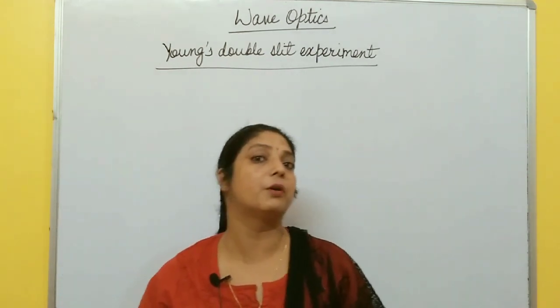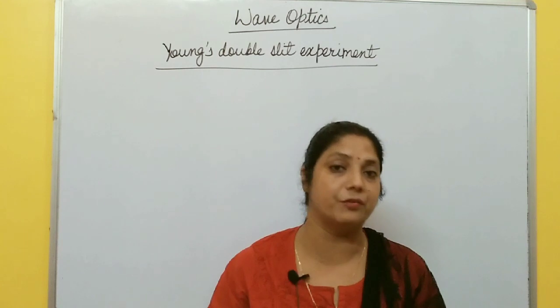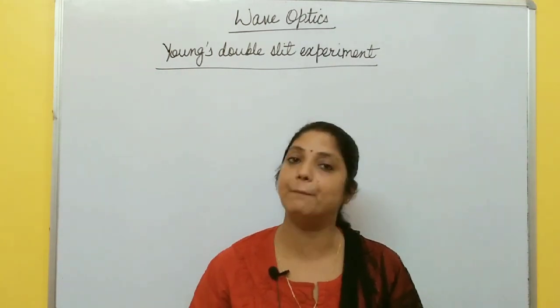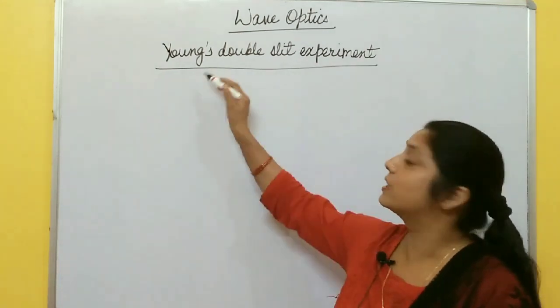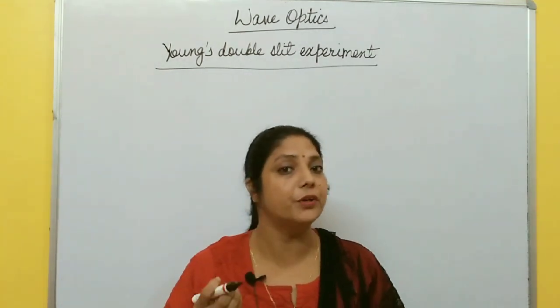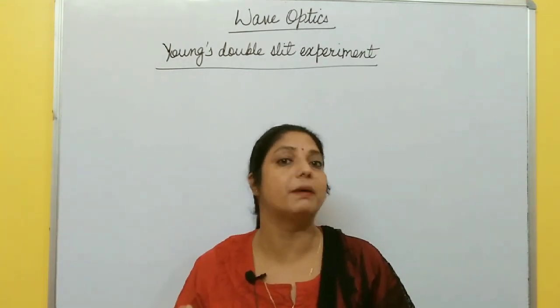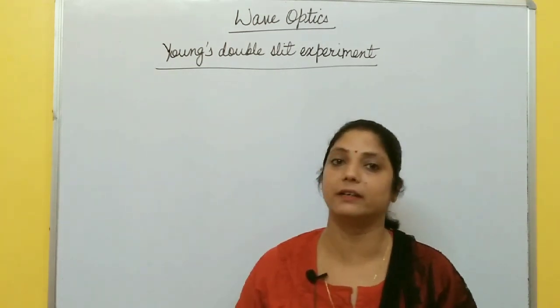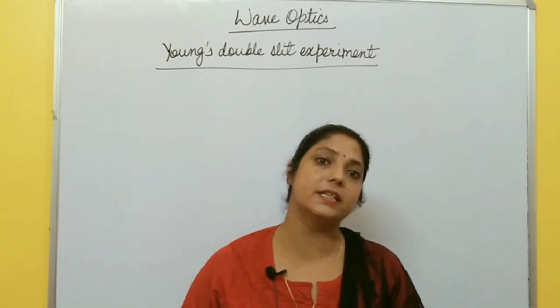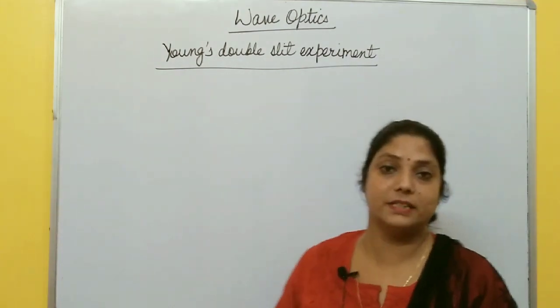We already discussed two methods: by division of wavefront and by division of amplitude. Young was the first scientist who produced coherent sources by division of wavefront and produced a sustained interference pattern on the screen. So let us start this Young's double slit experiment.